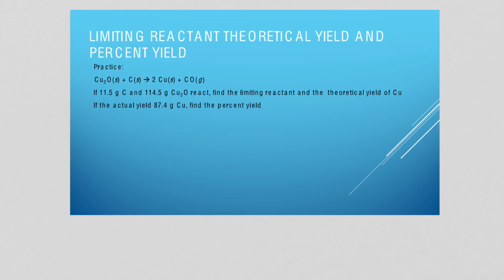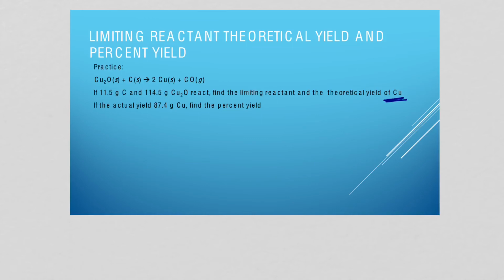In this particular problem, I'm reacting 11.5 grams of carbon with 114.5 grams of copper oxide. I want to find the limiting reactant and the theoretical yield of copper. And once I do that, if the actual yield of this experiment is 87.4, what was my percent yield based on the theoretical yield that you're going to calculate first?